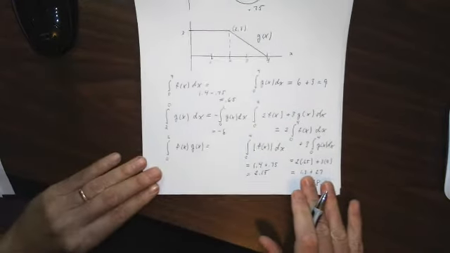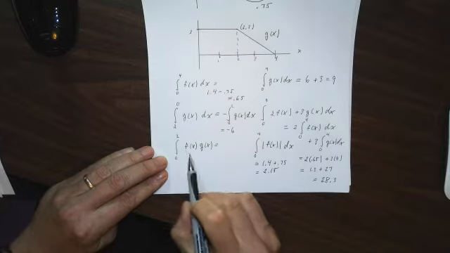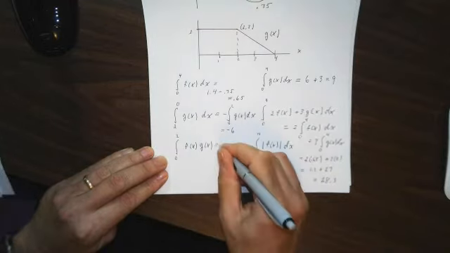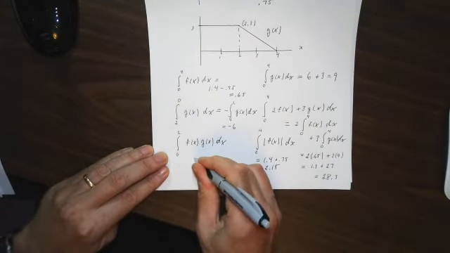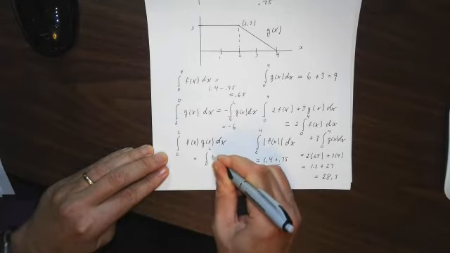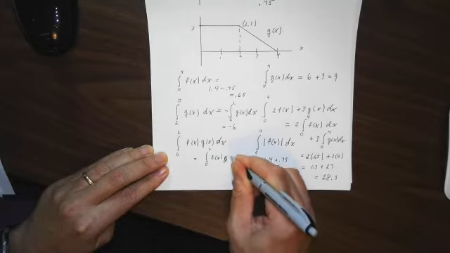Okay, let's look at this last example over here. The integral from 0 to 2 of f of x times g of x. And let me not be sloppy and forget to write down the dx. Now here's a property that does not hold. We cannot write this as the product of two integrals. Never, ever, ever.